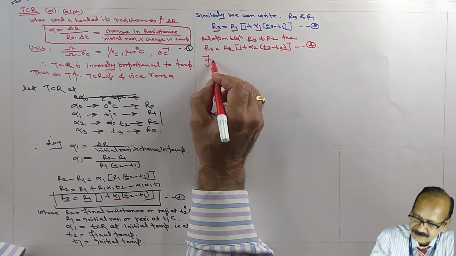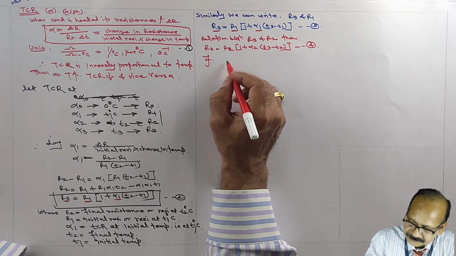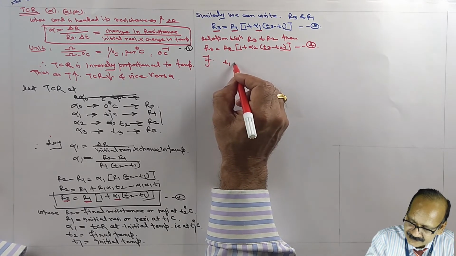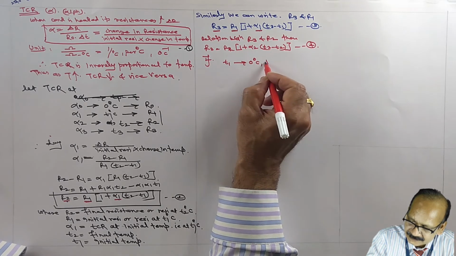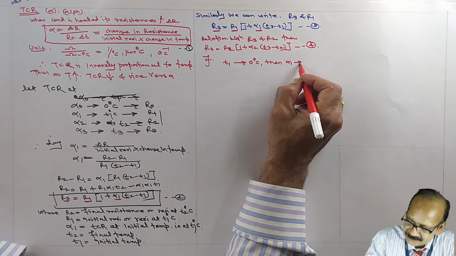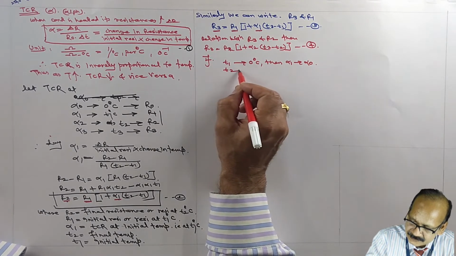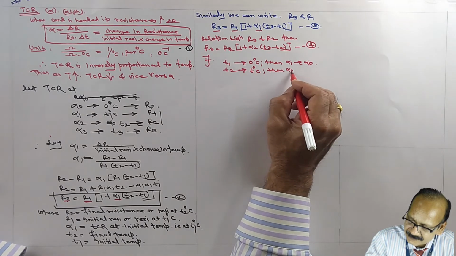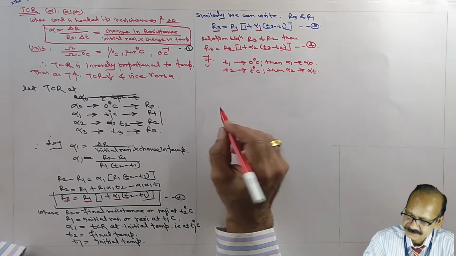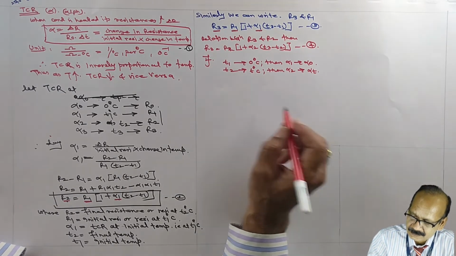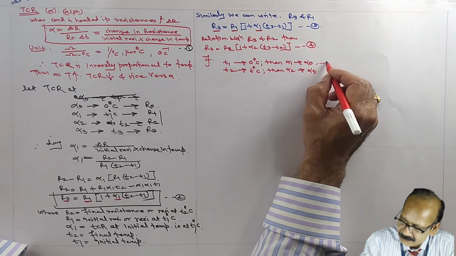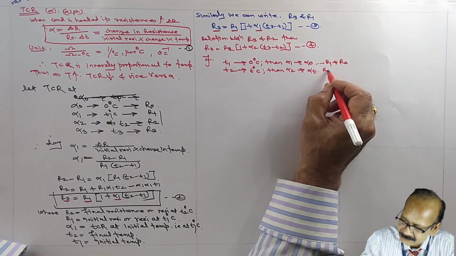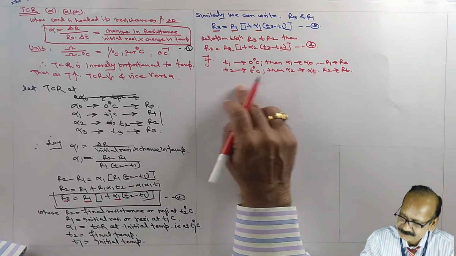If T1 becomes 0 degrees Celsius, then alpha 1 becomes alpha 0, and T2 becomes T degrees Celsius, then alpha 2 becomes alpha T, R1 goes to R0, and R2 becomes RT.